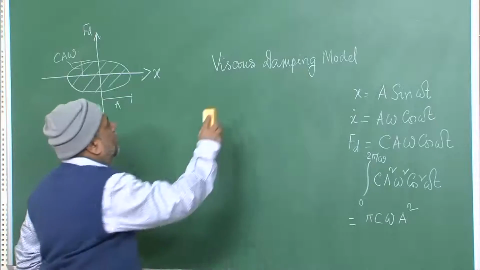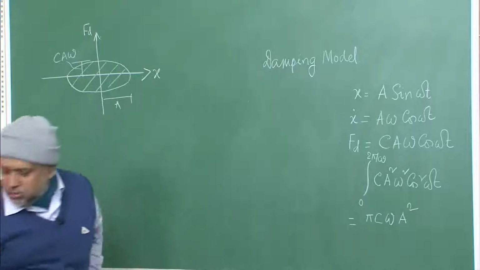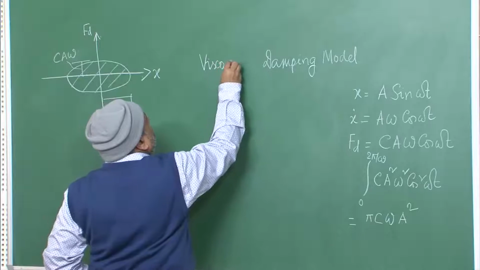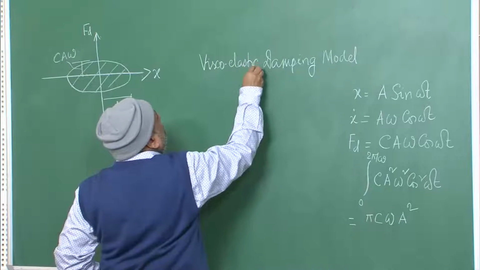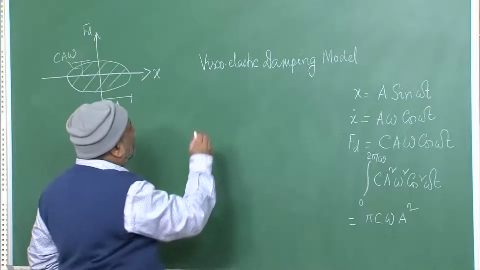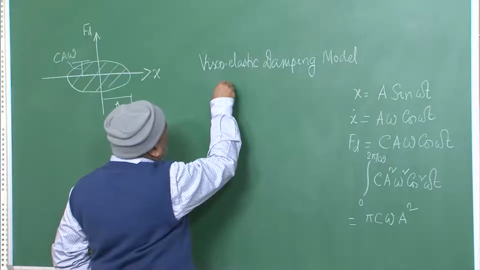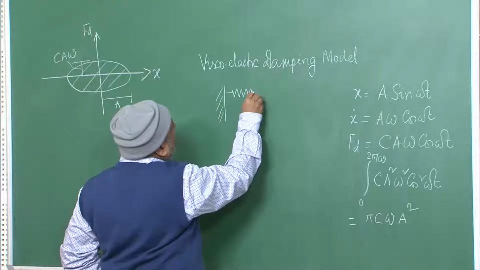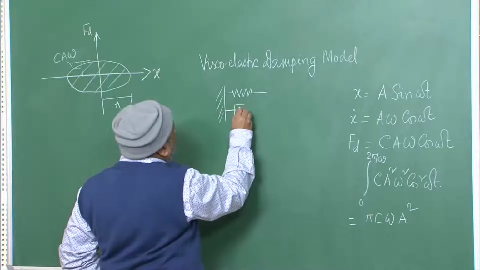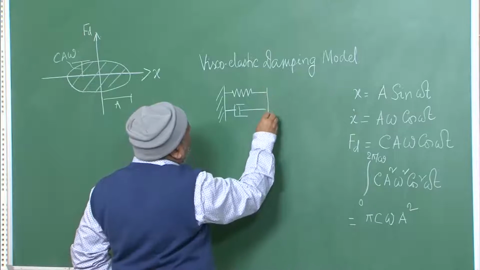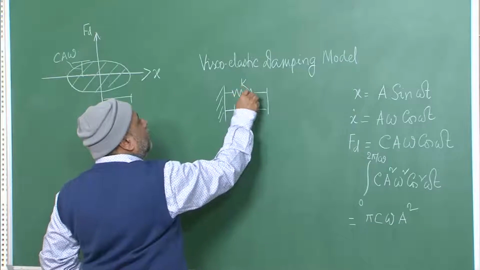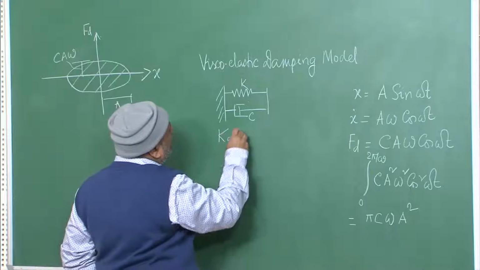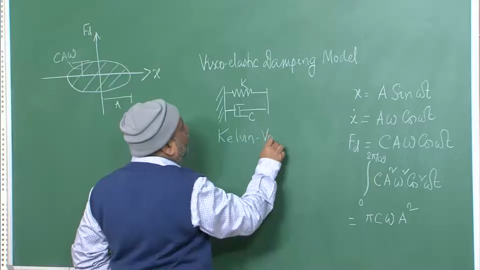If instead of viscous damping, it is viscoelastic damping, in that case what you have is not just a simple damper, but a combination of a spring and a damper. There can be various combinations possible. This is a combination in which the spring and the damper are in parallel, and this combination is known as the Kelvin-Voigt model.